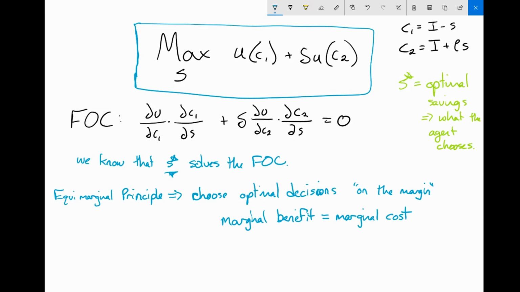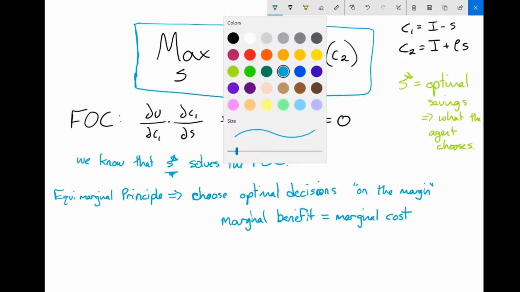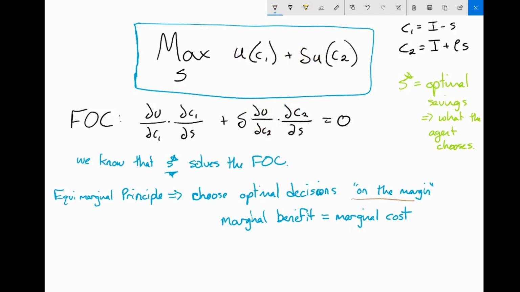Actually, let me just clarify here. On the margin means we're always thinking about the marginal unit of whatever good we're talking about. So in this case, it's savings. So when I say they make decisions on the margin, that means they're making decisions about marginal increments of savings.